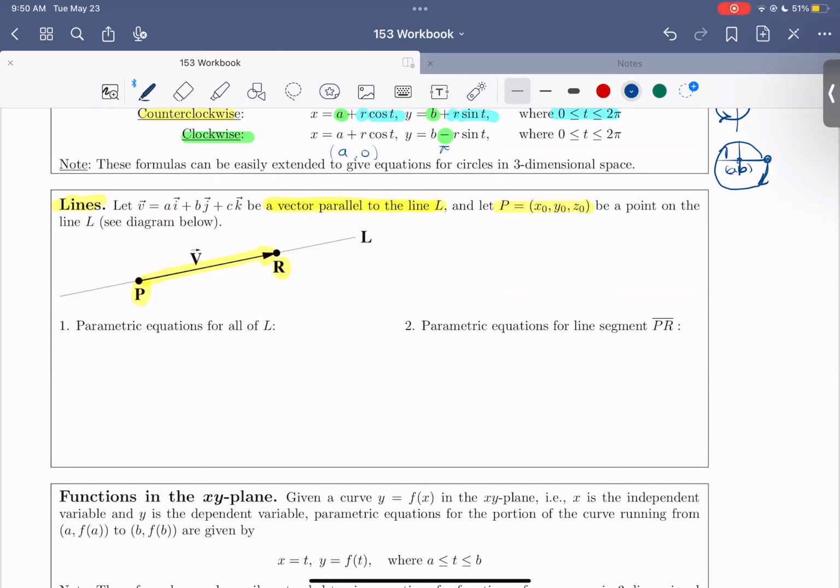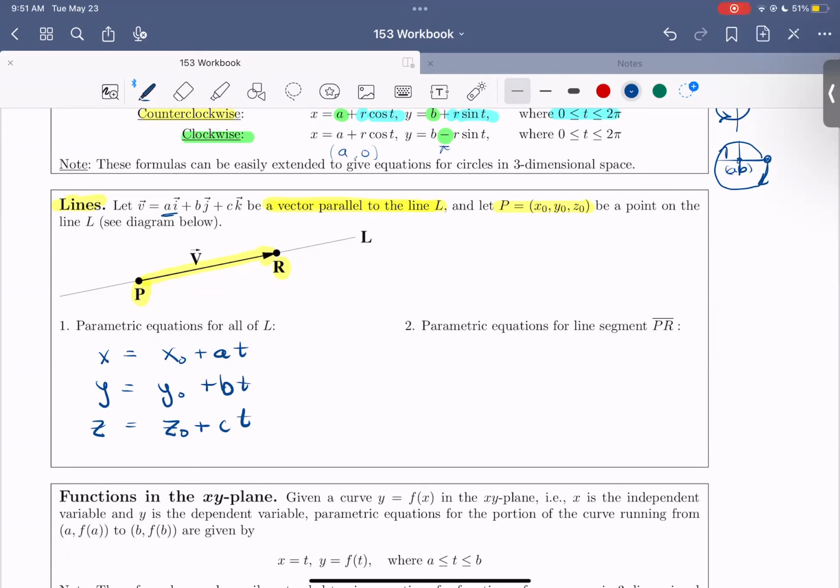But one particular way we can do it is, we need an equation for each of our coordinates. So we can let x be x naught, our starting value, plus at, because as we move in t, we're going to just add a more components to the x each time. Then similarly, y would look like y naught plus bt, and z would look like z naught plus ct.